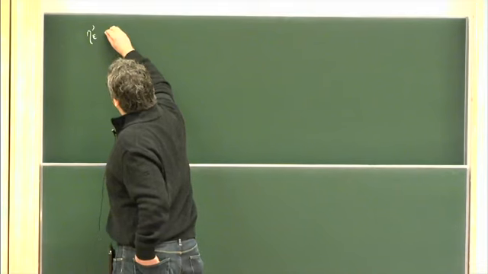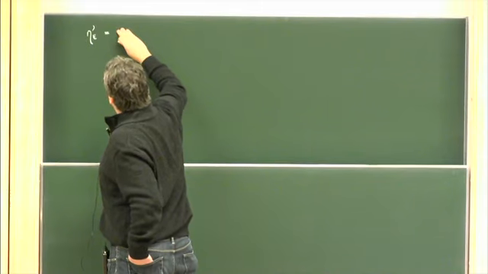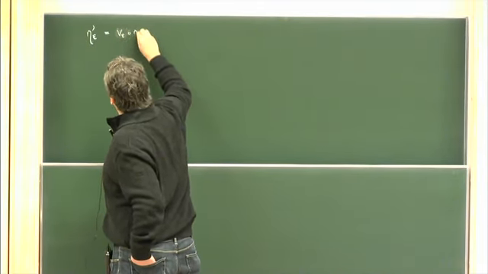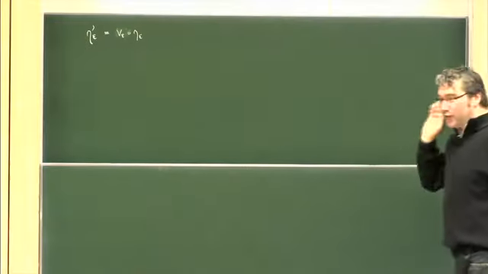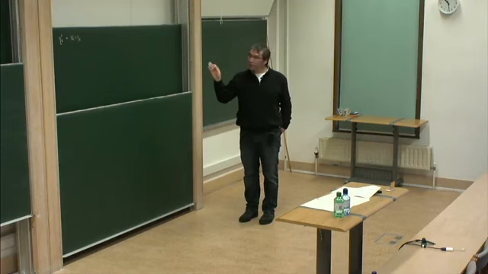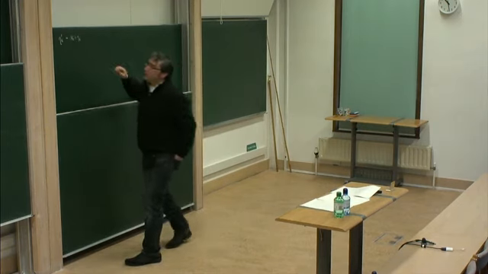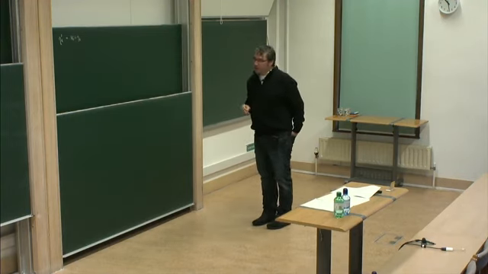So I can associate with it, and take this as a definition, a vector field V epsilon which generates a flow in the direction of the small parameter. Right now this is just formal nonsense because I haven't done anything with it, but this is really the basic framework in which I want to move here.